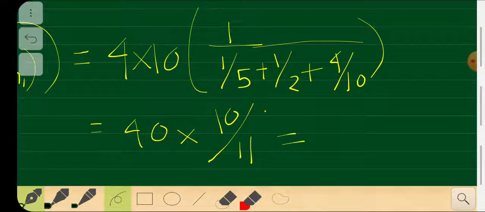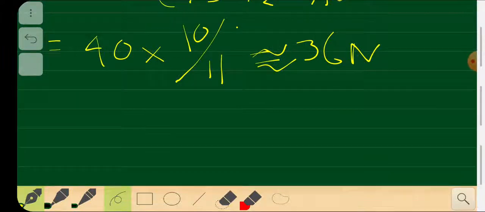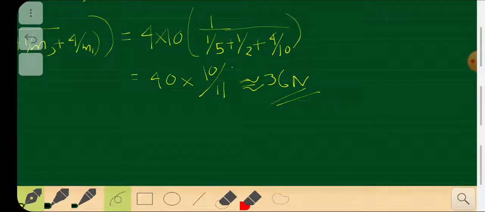So that's what you get, and approximately this will be equal to some 36 newtons or something like that. Okay, 36 newtons. 40 by 11 is 3.64. So that's what you get. So TB, I found out, this is the tension in the second string, right?